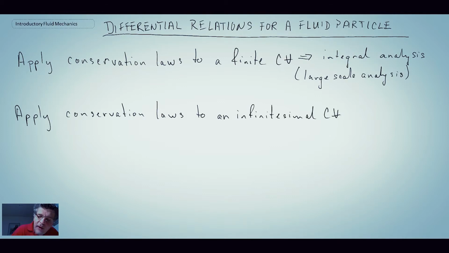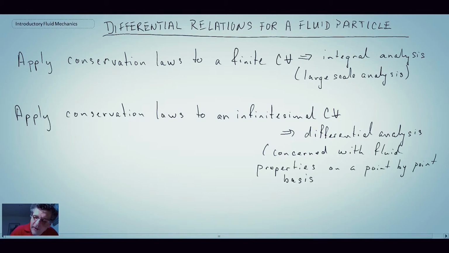We're going to apply the conservation laws to an infinitesimal or very, very small control volume, and this leads us into the area of differential analysis. And it's really more concerned with fluid properties on a point-by-point basis.